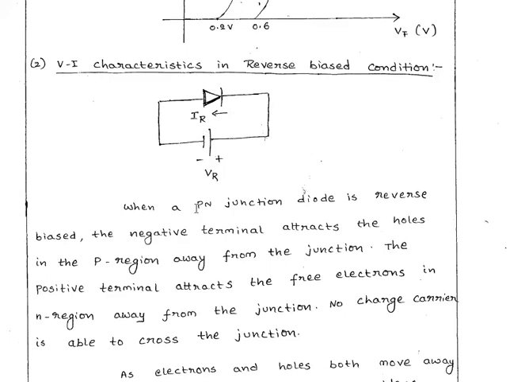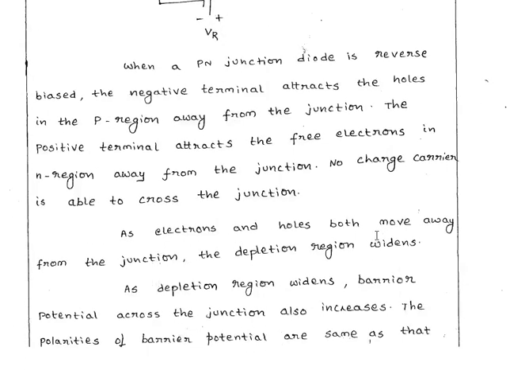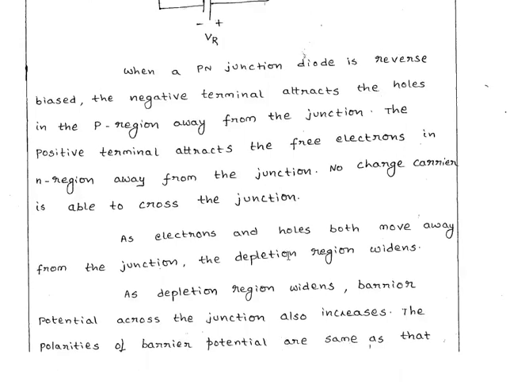Now, when a PN junction is in reverse bias, the negative terminal attracts the holes in this p-type material and the positive terminal of the battery attracts the electrons in this n-type region of the PN junction diode. So no charge carriers will cross the junction actually. The electrons and holes both move away from the junction.